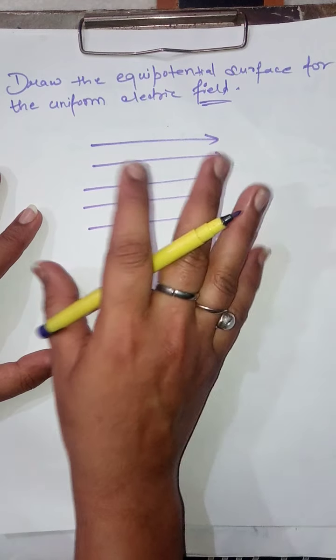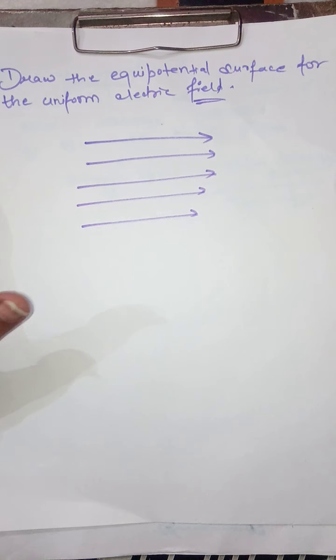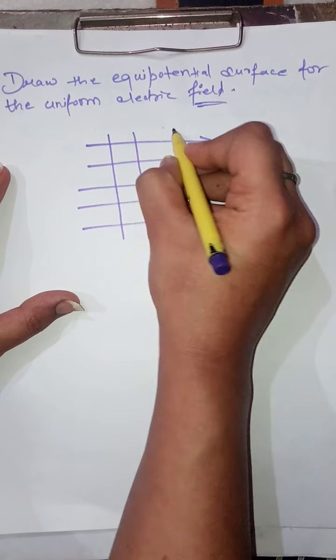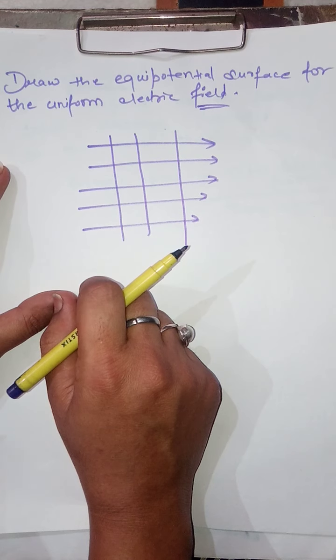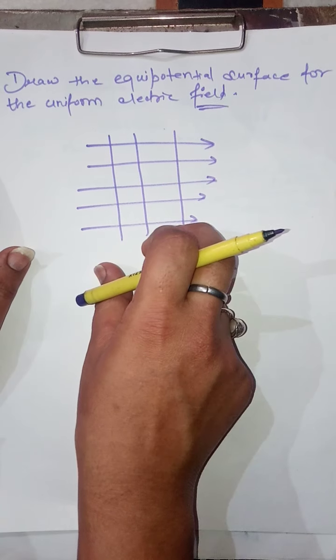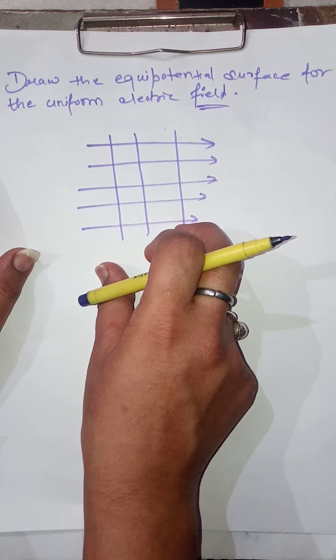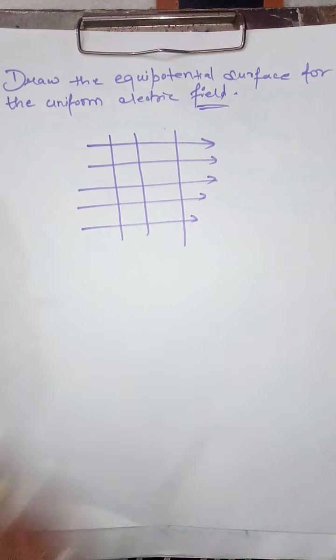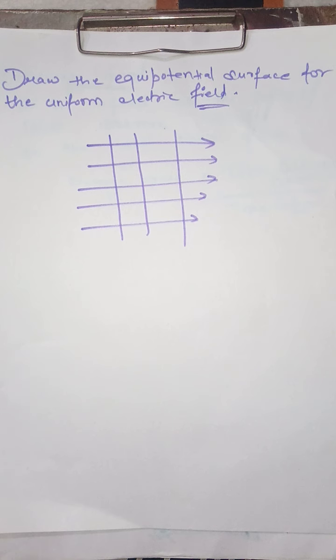When we have a uniform electric field, then the equipotential surfaces are shown by this diagram.